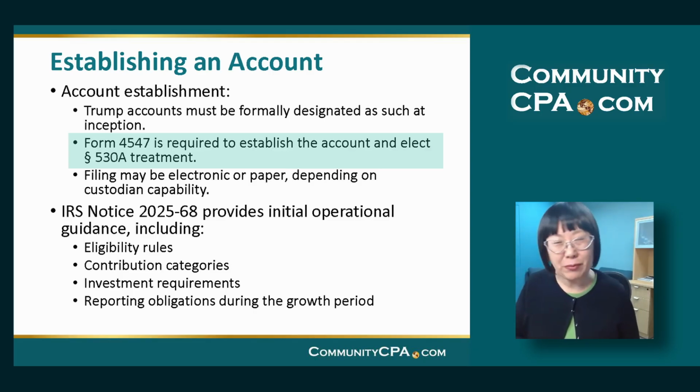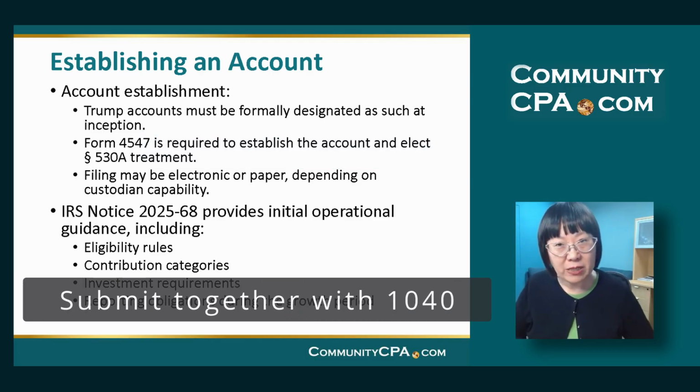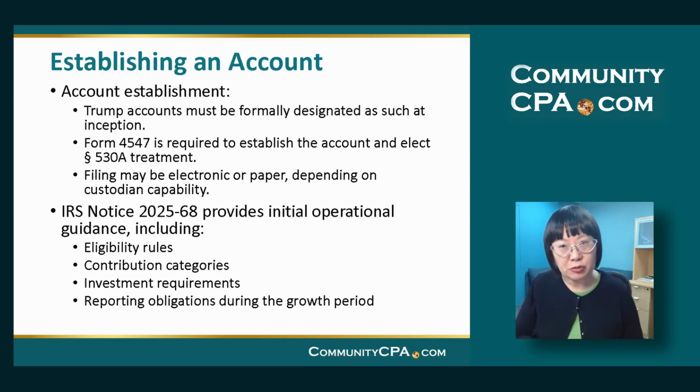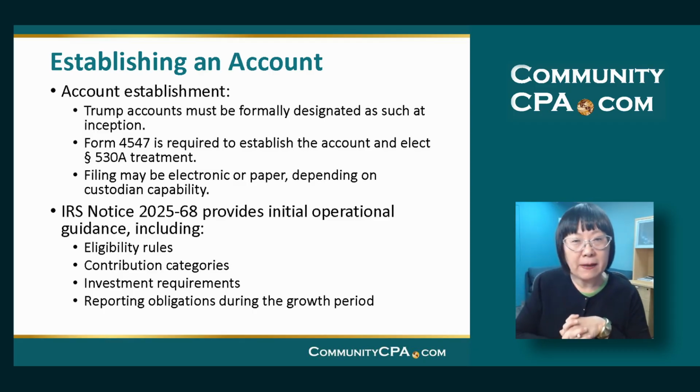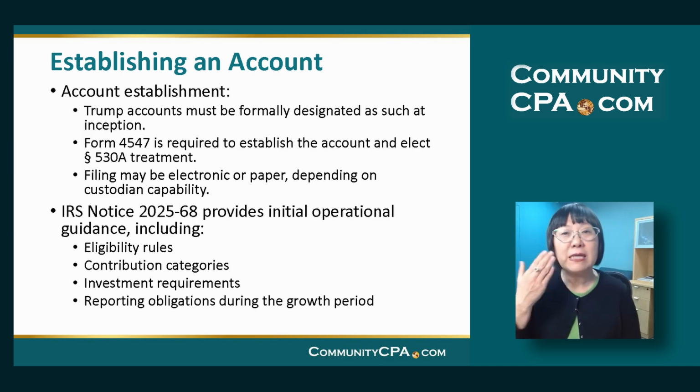You don't have to remember the number, just Trump account application. You fill out this form and you submit it together with your 1040 tax return. So this year, 2026, folks, is the time to do it. That's why we put this one here. Even if you want to finish your taxes early, not wait for anything else, you still want to finish 4547. That form is already there, and you need to make that election.